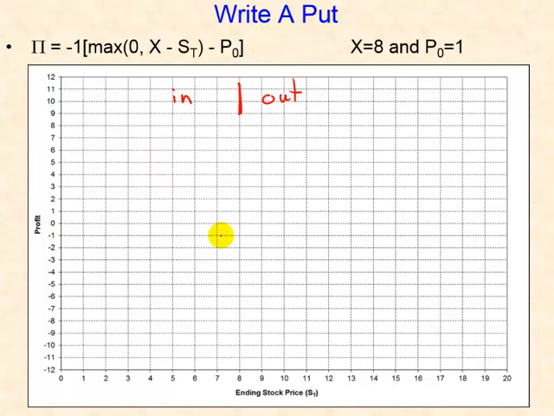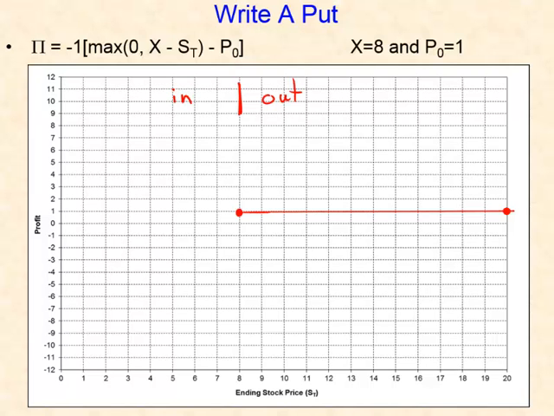If that's the case, we're going to pocket the $1 premium, and that's the end of the story. For any higher stock price, the put expires out of the money and does not get exercised. We, as the writer of the put, collect the $1 premium, and that's our profit. So at high stock prices, we have a fixed profit equal to the premium on the put, $1.